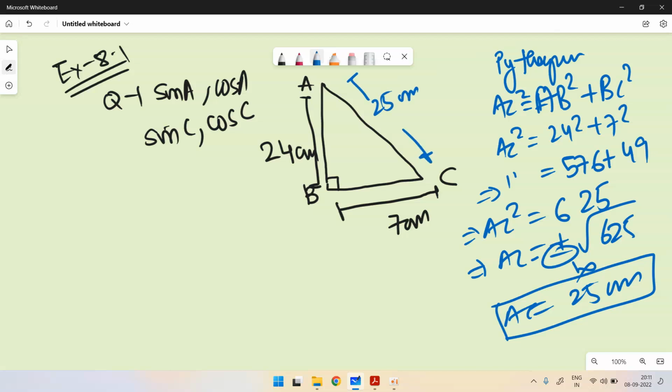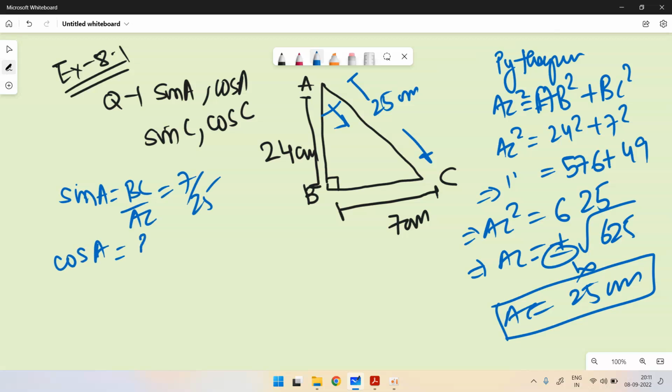Now, what is sine A? Sine A is perpendicular by hypotenuse. Perpendicular is BC by AC, 7 by 25. And cos A is base by hypotenuse, AB by AC, which is 24 by 25.